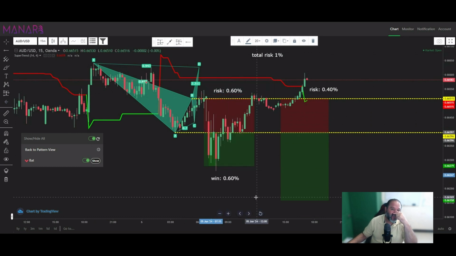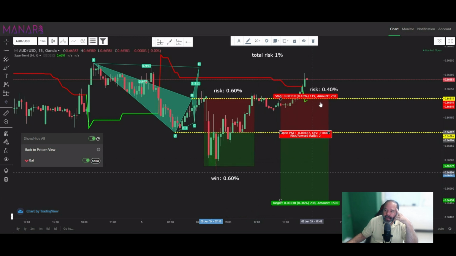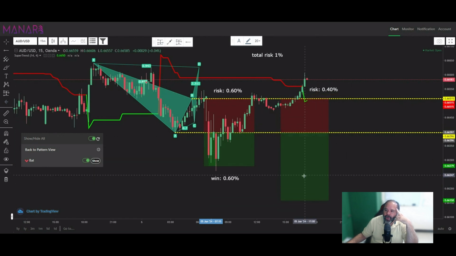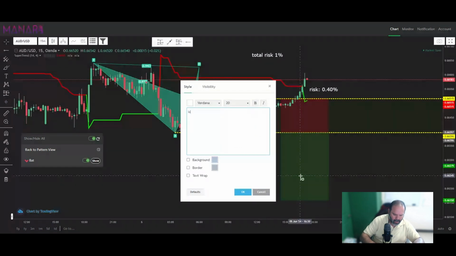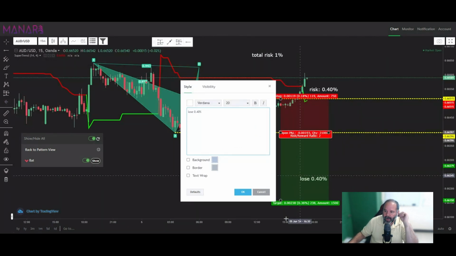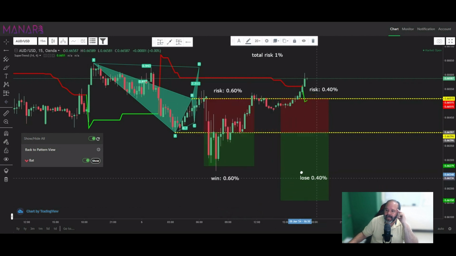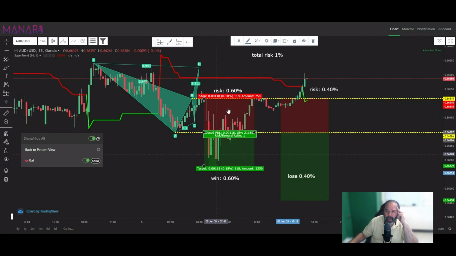Now, what happens if you lose the second trade? Because you are risking 0.4%, the most that you can lose is 0.40%. So that means that you are 0.20% positive if you win the first one, okay?